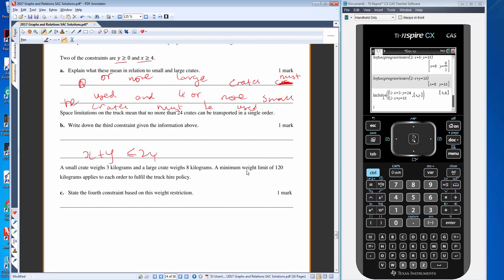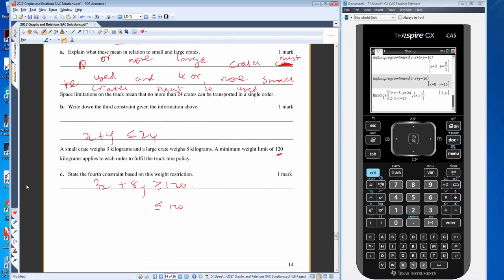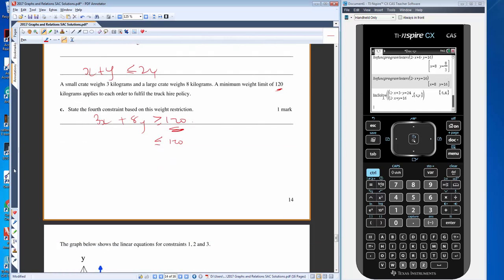A minimum weight limit of 120 kilos applies to each order to fulfill the truck hire policy. So basically they're saying, look, we're not going to carry less than 120 kilos worth of stuff. It's not worth it. So that is 3x plus 8y must be greater than or equal to 120. A lot of students wrote less than 120 on that one. So it has to be more than 120 kilos.